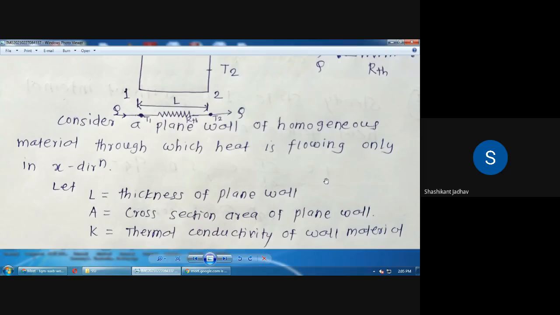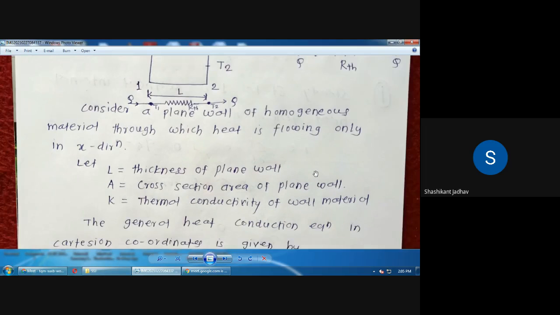Then K is equal to the thermal conductivity of the wall material. Whatever the wall is, whatever the material of that wall is, for that particular material K is nothing but the thermal conductivity of that wall material. So this is the parameter given in the diagram.